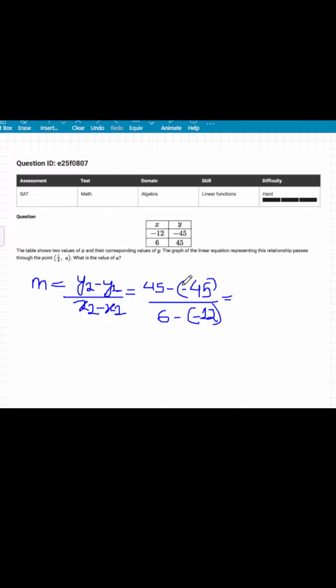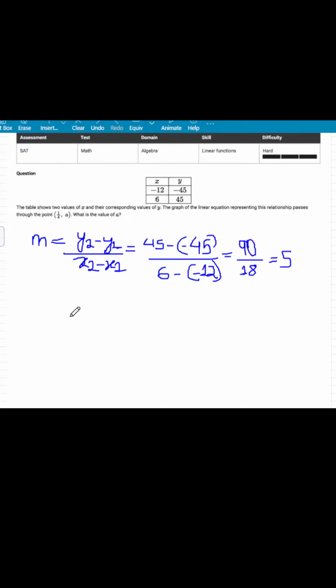Then this is 45 plus 45, that is 90, and this is 6 plus 12, which is 18, so it will be 5. So the value of slope for this line will be 5.